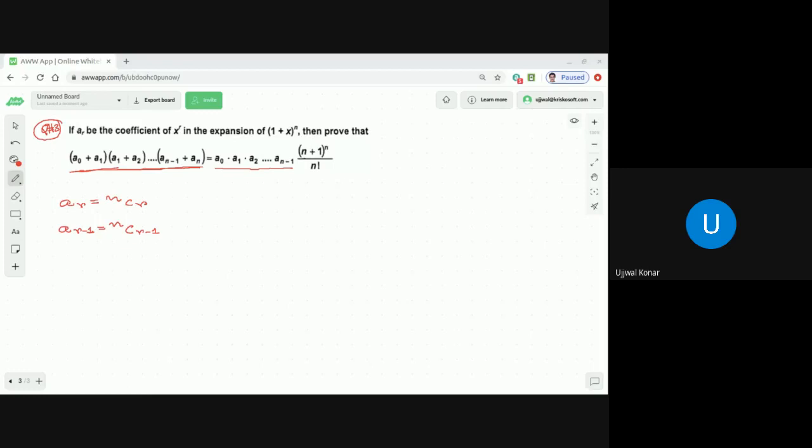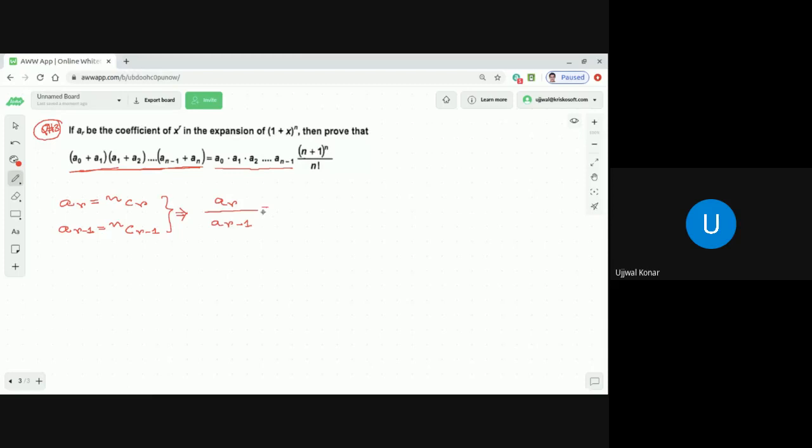Now we need to look very minutely at the expression a0 plus a1, a1 plus a2, an minus 1 plus an. That means somehow we need to find the value of AR plus AR minus 1. To do that, we find AR divided by AR minus 1.